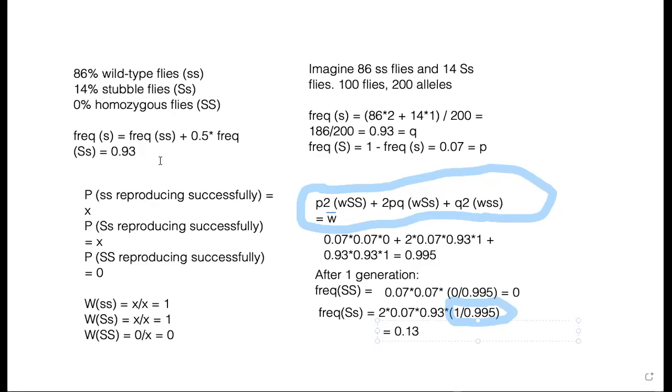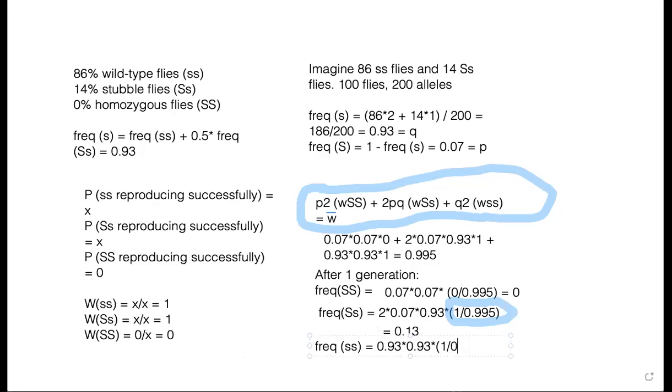Okay, great. And finally, last but not least, our frequency of little s wild type individuals is going to be 0.93 times 0.93, which is what the frequency would be in the absence of selection, times 1 divided by 0.995.